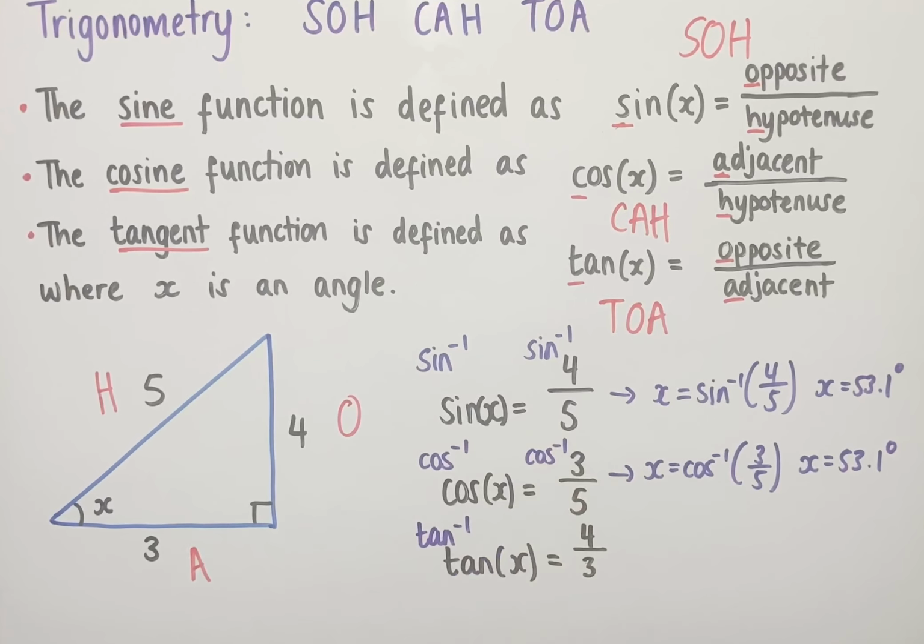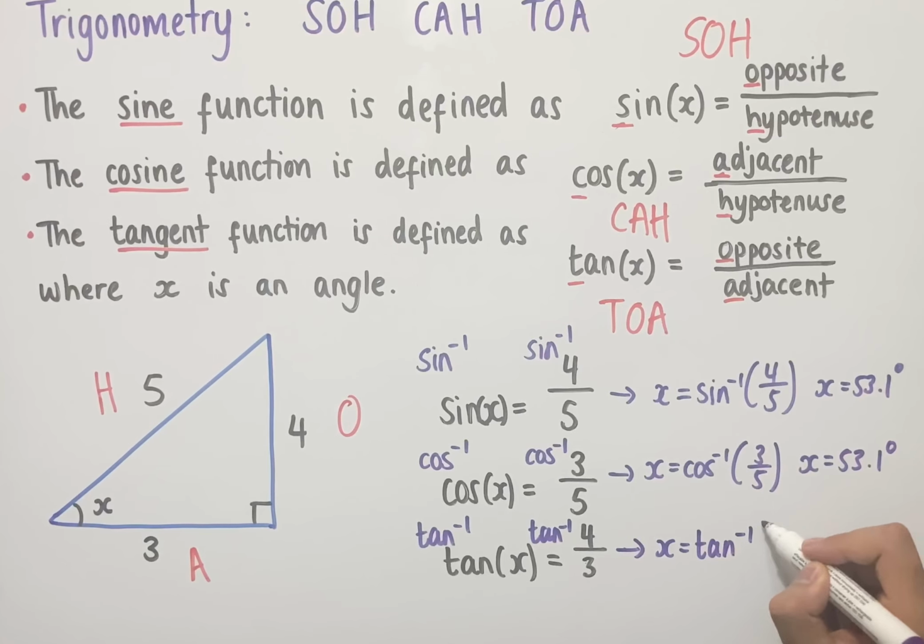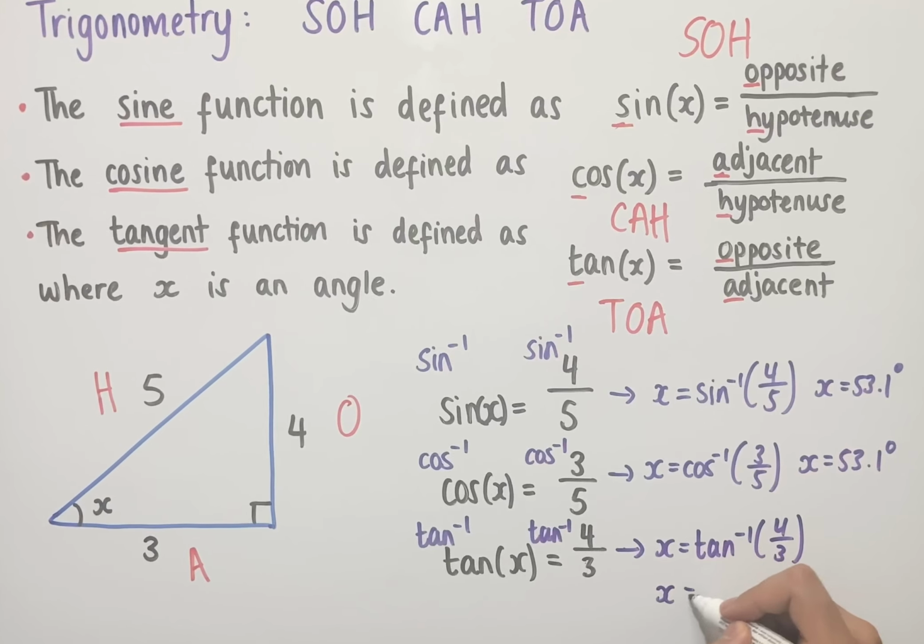We get this on a calculator by typing shift and then tan, and so applying tan inverse to both sides, we get that x equals tan inverse of 4 over 3, and so if we put this on a calculator, we find that x equals 53.1 degrees to one decimal place. And so we see that all three equations lead to the same answer, and so our value for x here is 53.1 degrees.